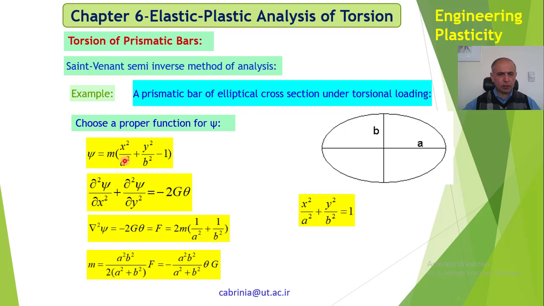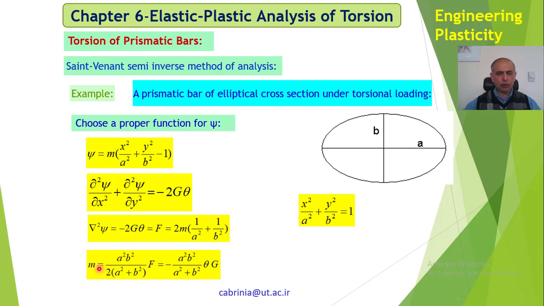And substitute for psi in here, and we get this. So we get minus 2g theta equal to some constant f and equal to 2m times 1 over a squared plus 1 over b squared, and m therefore is a squared b squared divided by that times f, and is equal to that.